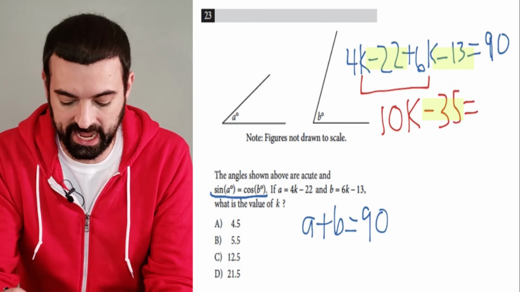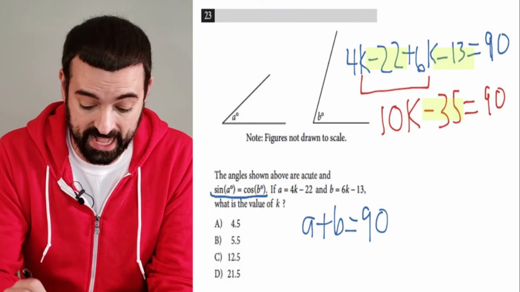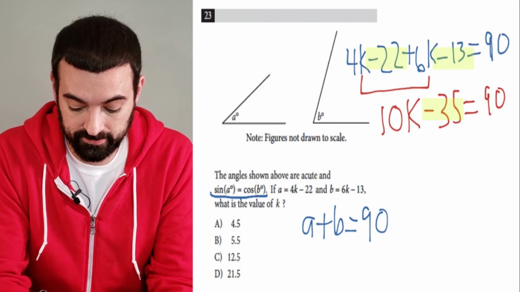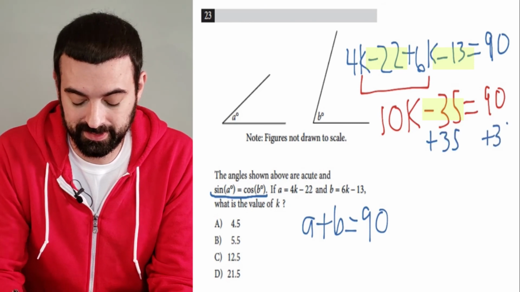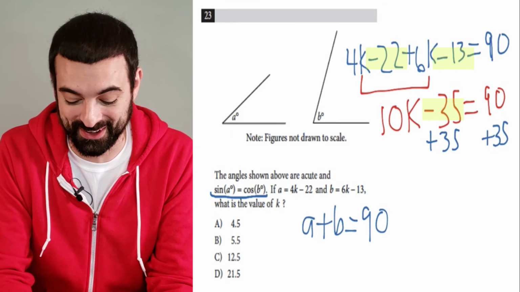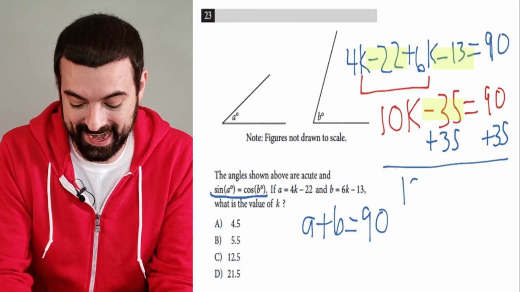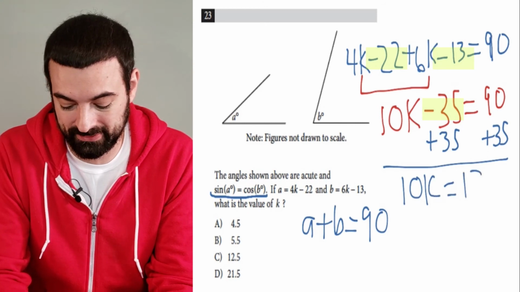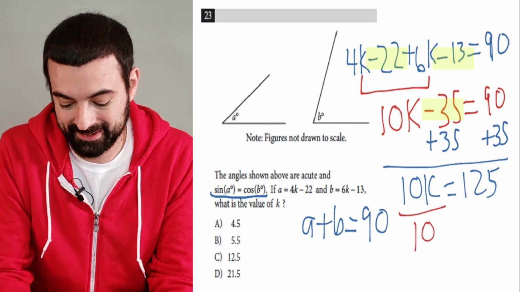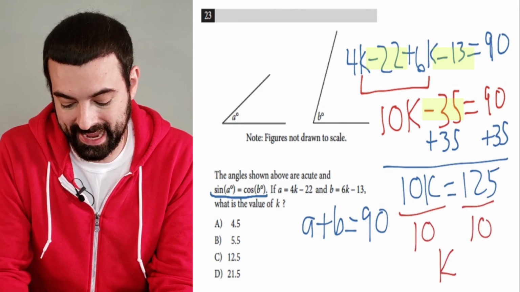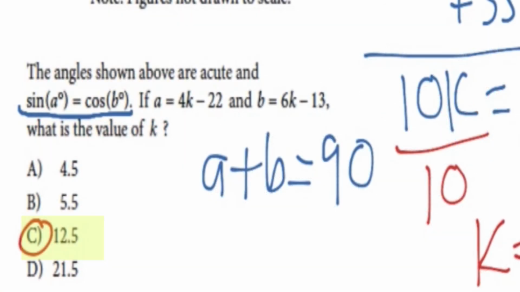So we get 10k minus 35 equals 90. Let's add 35 to both sides. Isn't it nice that I'm doing like 8th grade algebra in front of you guys now? Now we get 10k equals 125. Divide both sides by 10. K equals 12.5. Your answer is C.